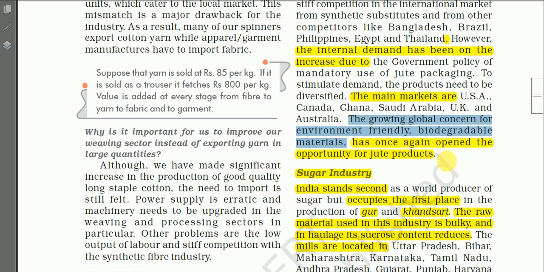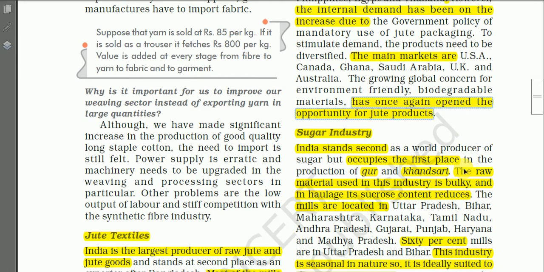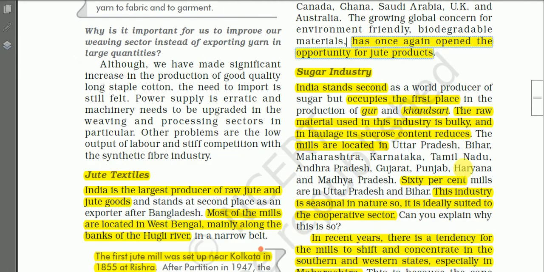Because of this concern, the importance of these jute products has opened once again. So this is about jute textiles.